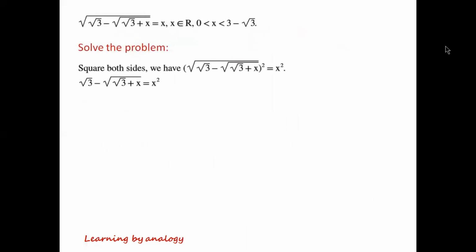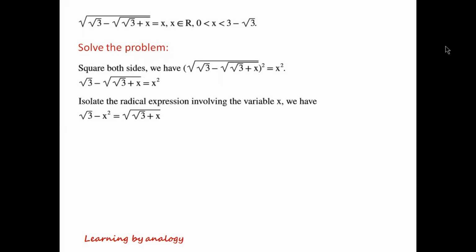Square both sides. We have (√(√3 − √(√3 + x)))² equals x², so √3 − √(√3 + x) equals x².